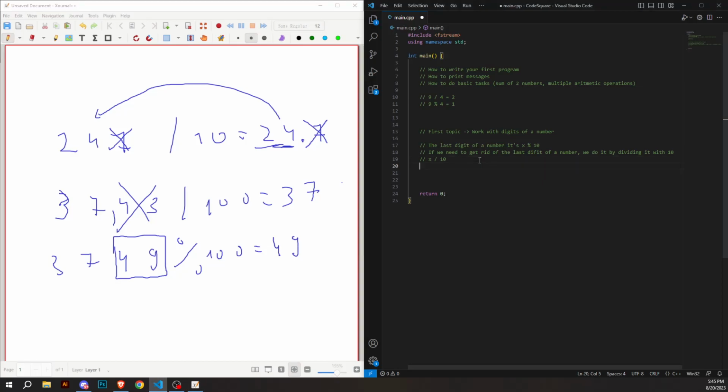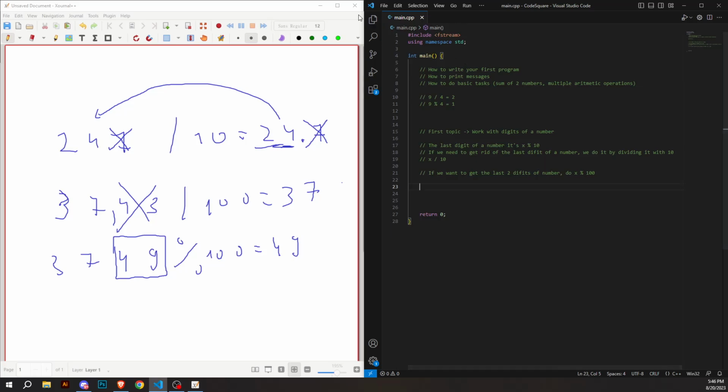So if we want to get the last two digits of a number, do x modulo 100. If you want to get rid of the last two, divide x by 100, and so on. If we want three, we do modulo 1000 and dividing by 1000. So no big deal. That's basically the lesson today.